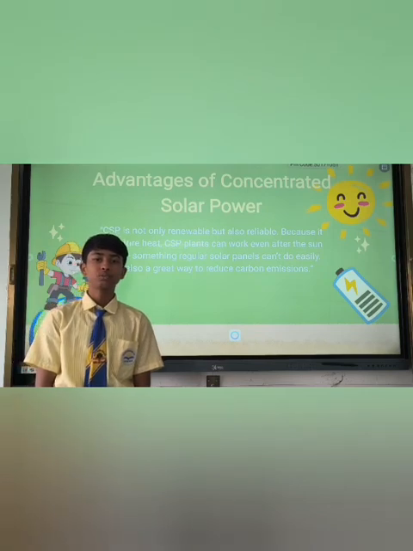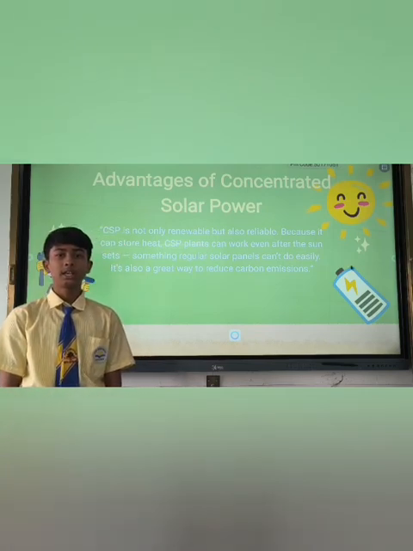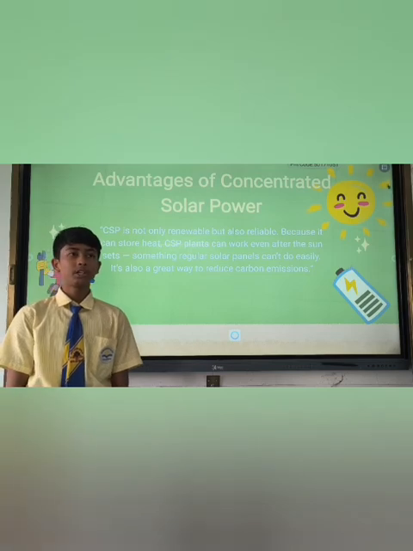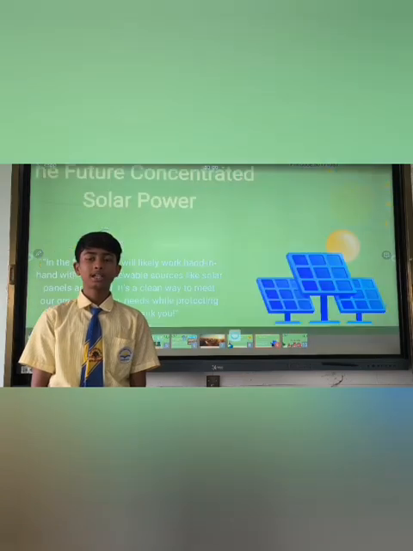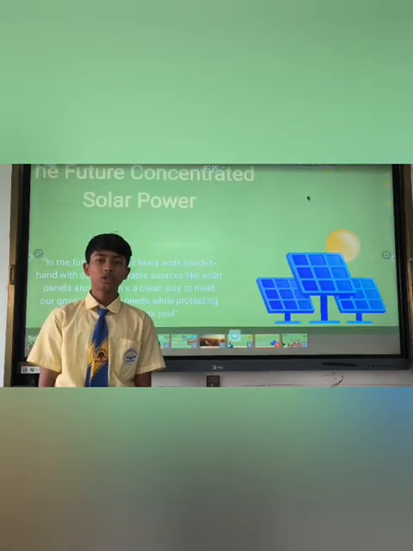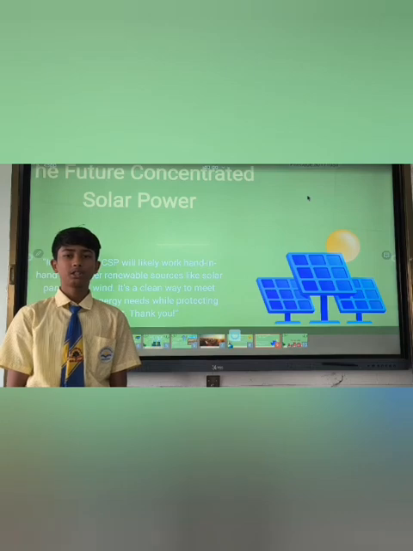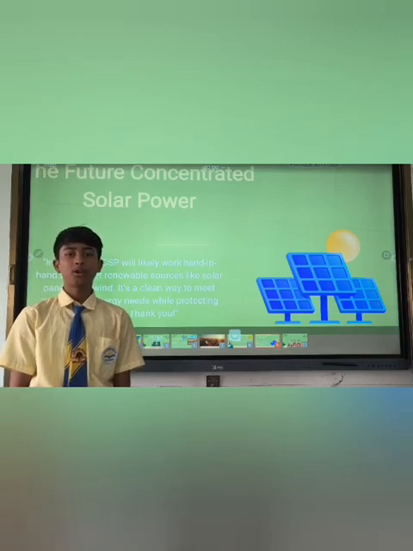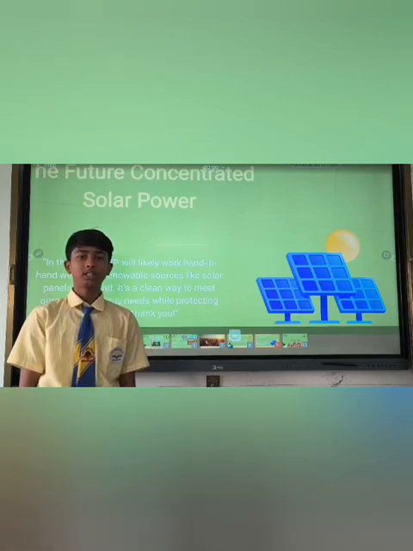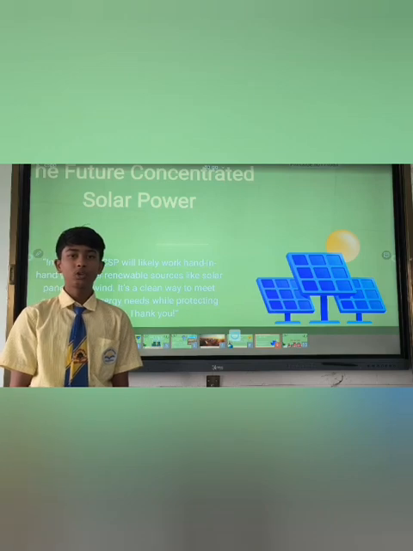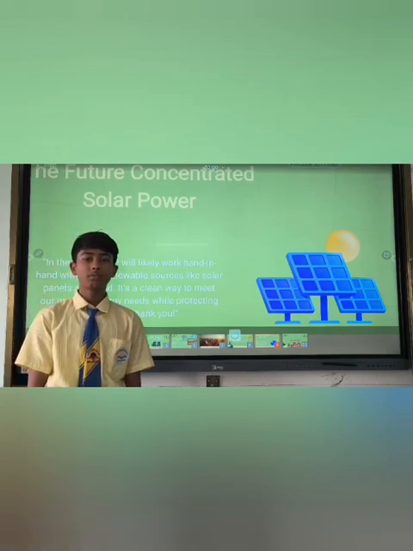They are especially useful in sun-rich regions and can supply continuous power even after sunset. However, it requires large open lands and a high installation cost for setting up mirrors, but it is not so high compared to setting up solar panels. We believe that this project will play a major role in our future for renewable energy.